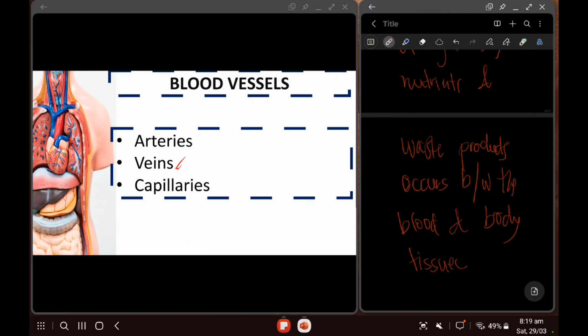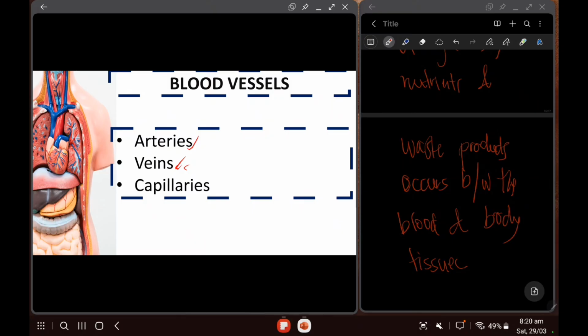So, ulitin natin. Si arteries nagkikarry ng oxygen-rich blood away from the heart and then papunta sa iba't ibang parts ng body. Meron silang thick muscular wall, which is it helps to maintain the blood pressure. While si veins is nagkikarry siya ng oxygen-depleted blood pabalik ng heart, which is manipis lang po yung wall nila, thinner walls compared to the arteries, and also they have valves.